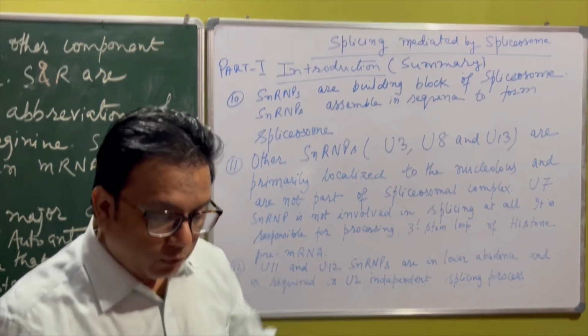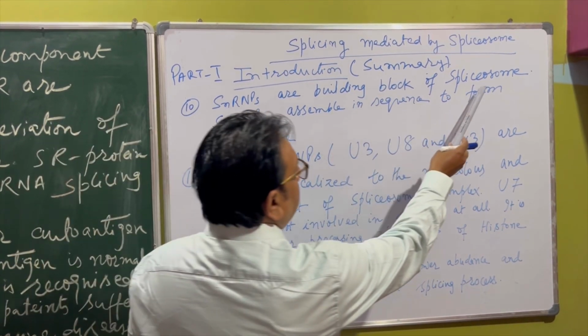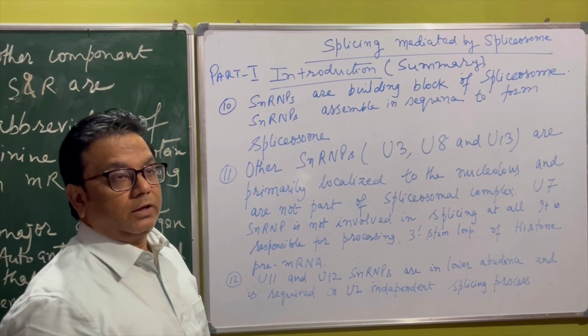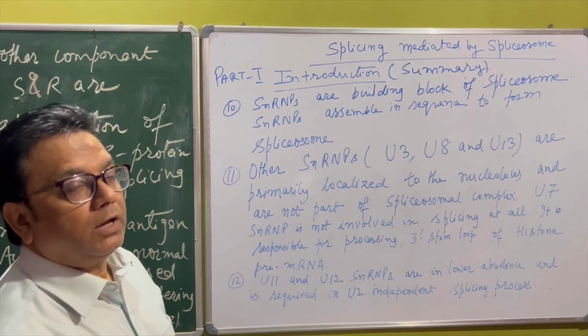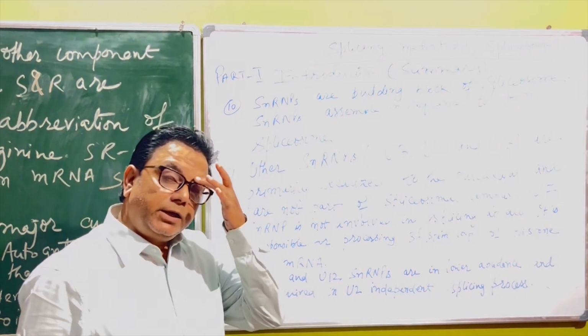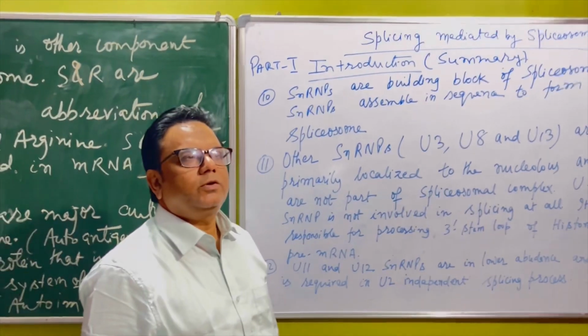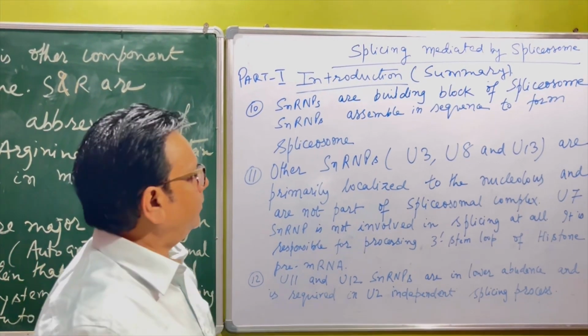So in the 10th point, you can see that SNRPs are the building blocks of spliceosomes, and we are repeatedly saying that SNRPs are formed by the association of snRNA with specific proteins, one or two whatsoever.